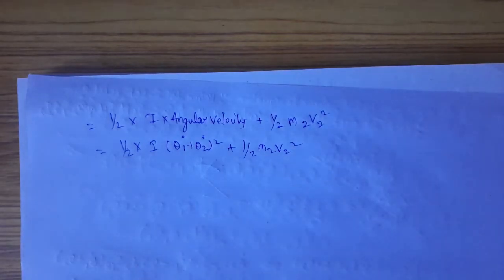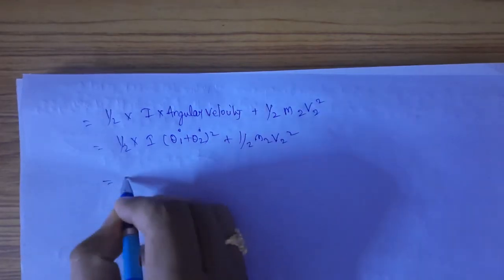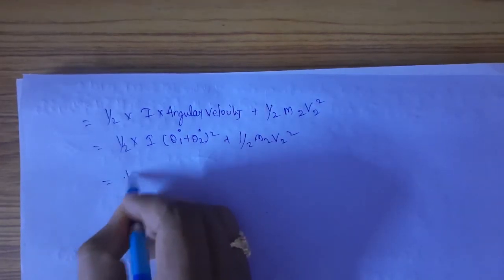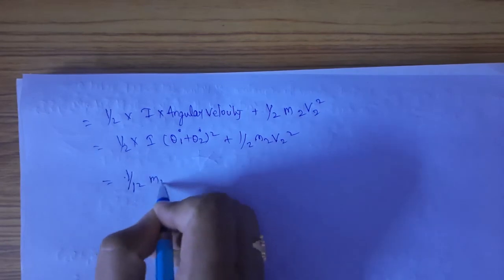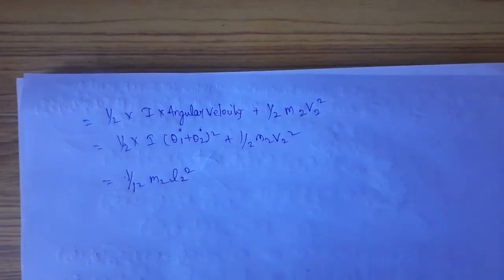Similar to the first link, we will take a small part at some distance, distance square. We will be getting a value of 1 by 12 of m2 l2 square.